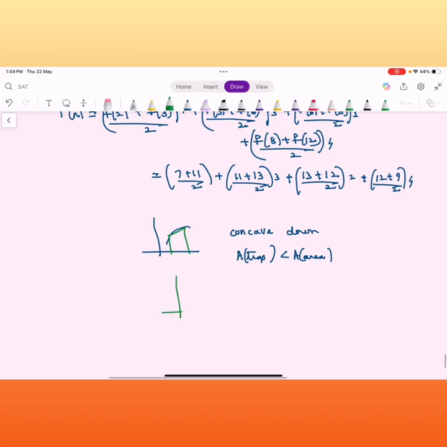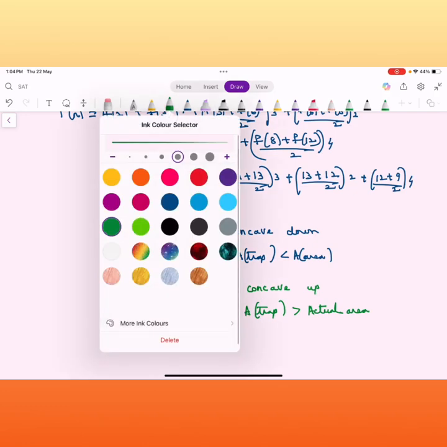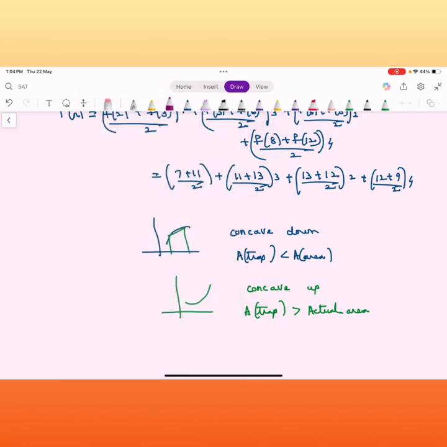And if you have a graph which is like this, it is said to be concave up. In this case, the area of the trapezoid would be greater than the actual area, because the actual area would be something like this.